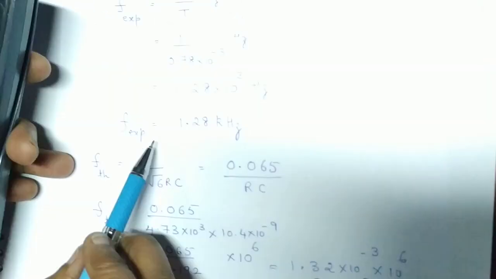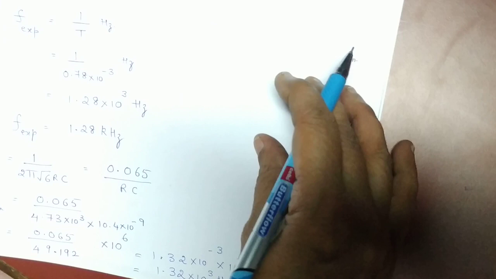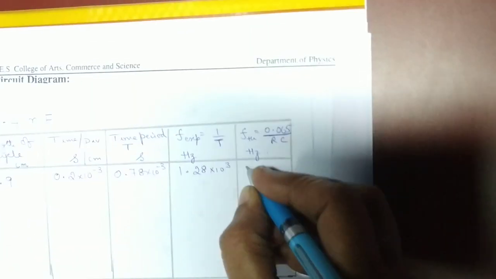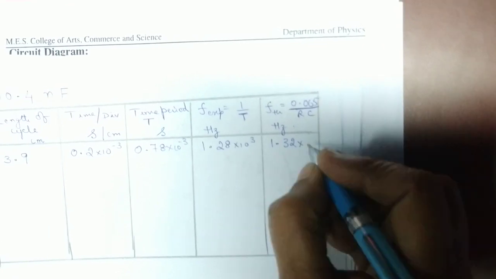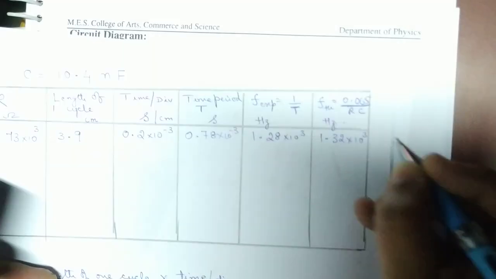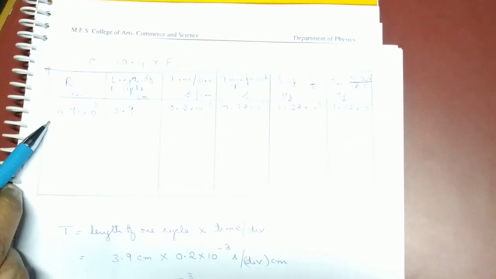That is compared with the experimental value 1.28. You have got the experimental value of frequency almost equal to the theoretical value of frequency within limits of experimental errors. This completes the experimental procedure for one value of R.